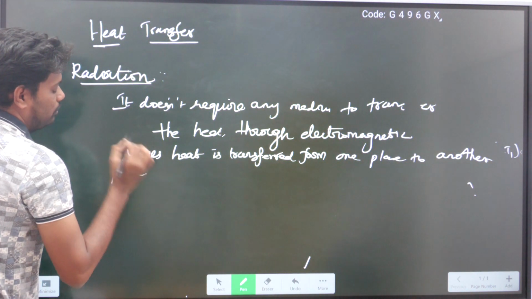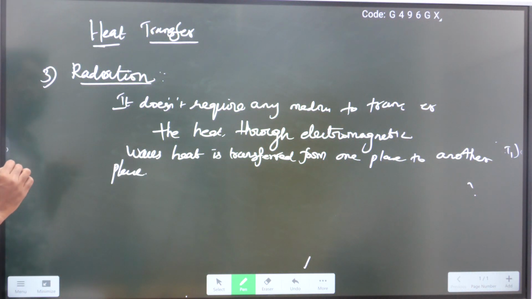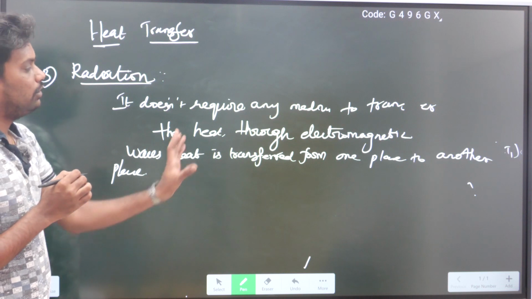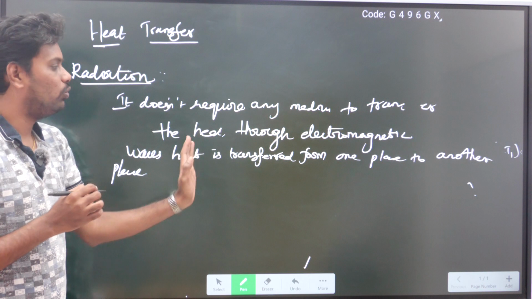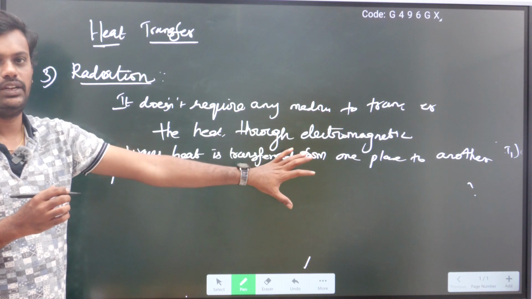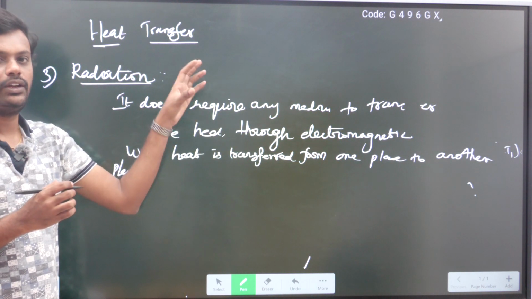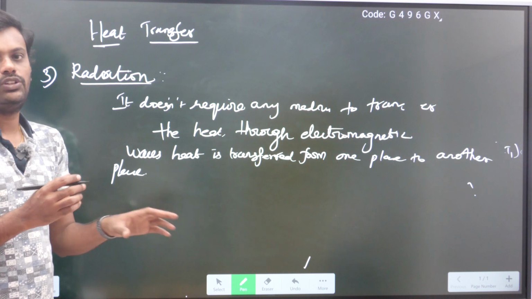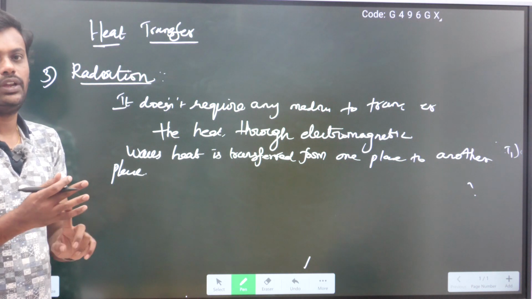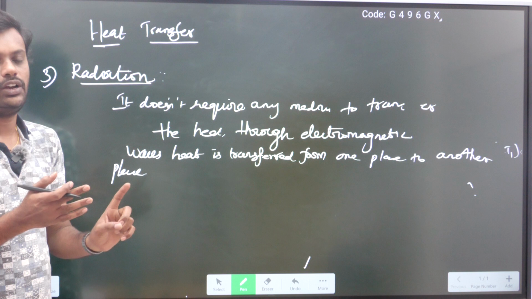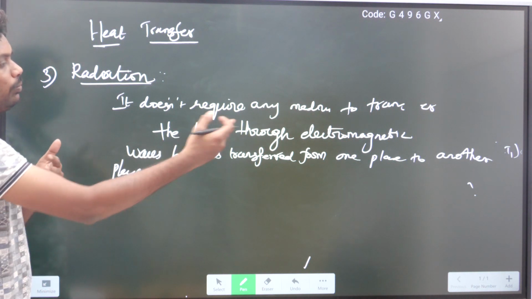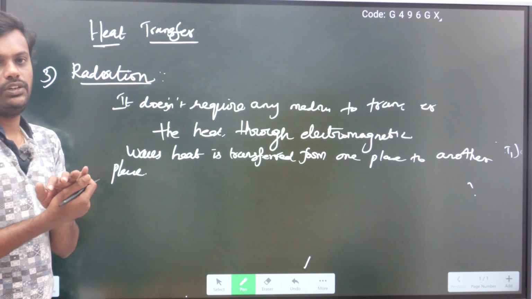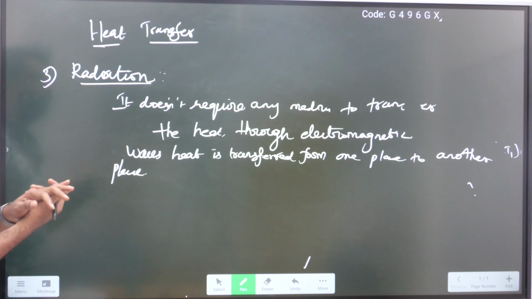Here we need not use any medium; heat will automatically transport through electromagnetic waves from one place to another. The best example is the sun. The electromagnetic waves from the sun reach the earth without any medium. It doesn't require any fluid or solid. The heat is transferred through electromagnetic waves from the sun to the earth. So the sun is the best example for radiation.